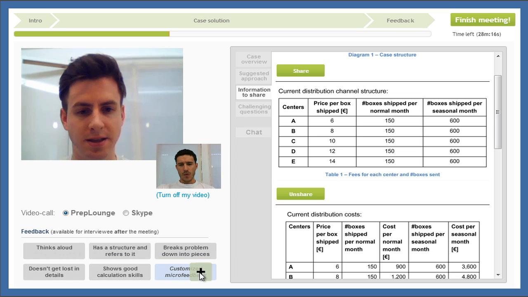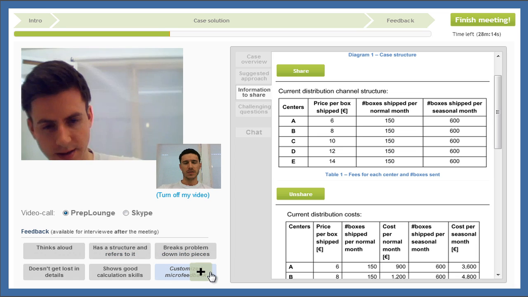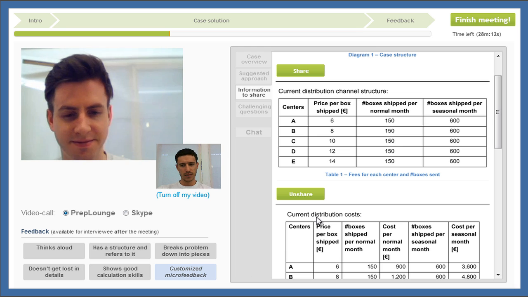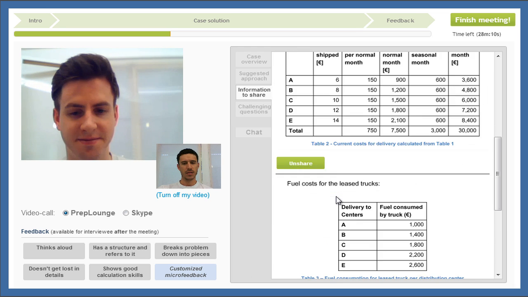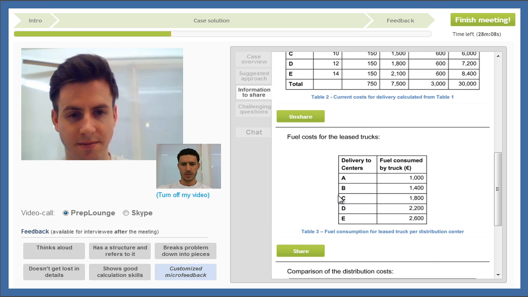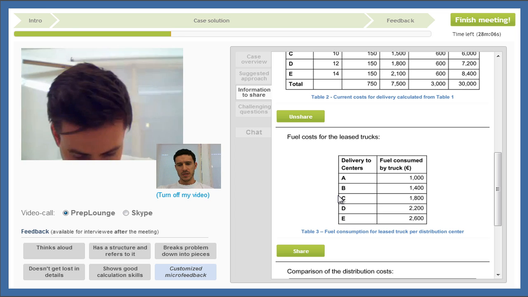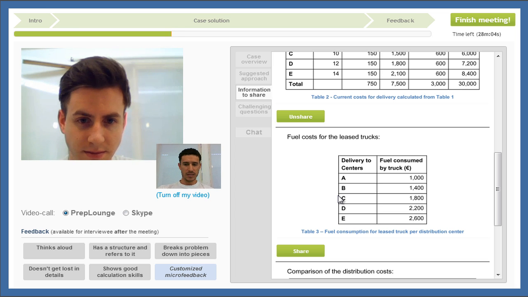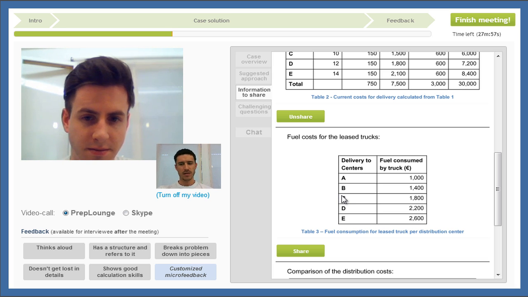So one truck that can carry up to 650 boxes costs 4,000 euros per delivery plus the fuel it consumes.